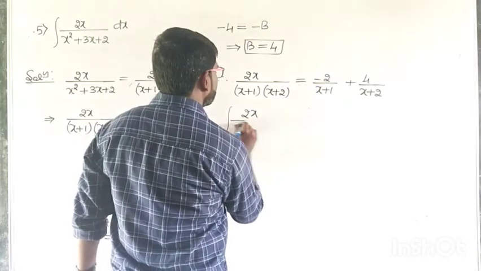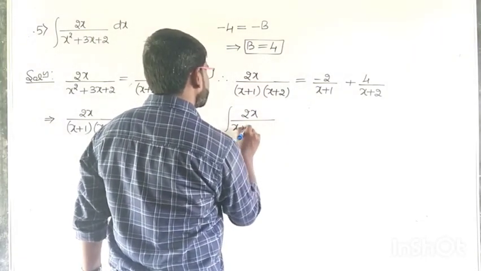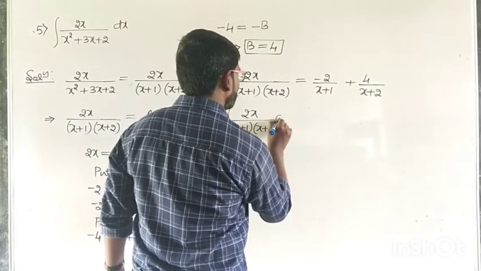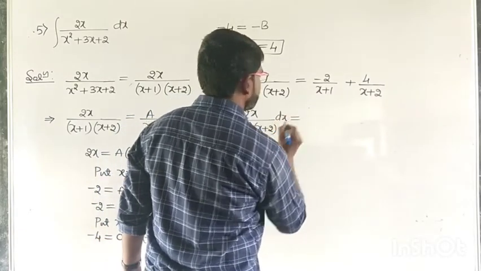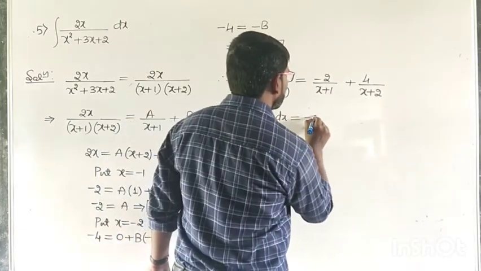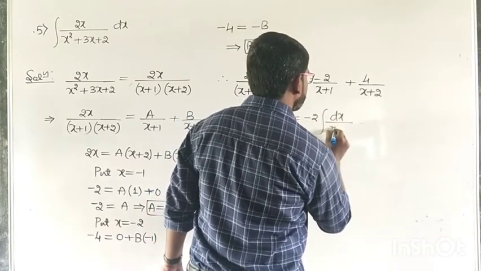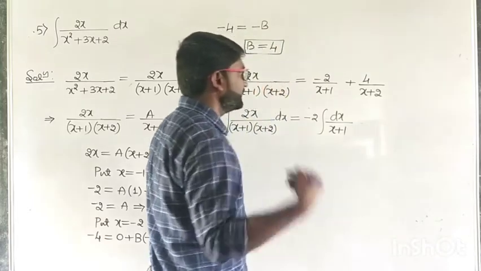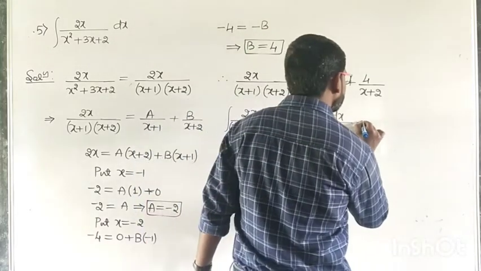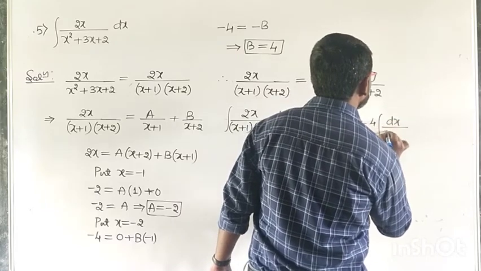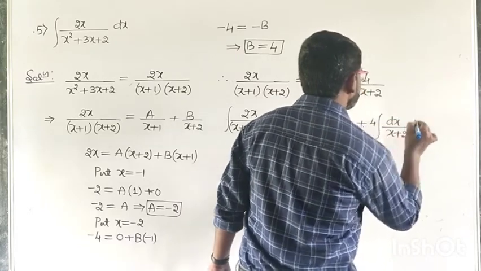Integral of 2x divided by (x plus 1)(x plus 2) dx equals, I write minus 2 outside the integral dx upon x plus 1, then plus 4 outside the integral dx upon x plus 2.